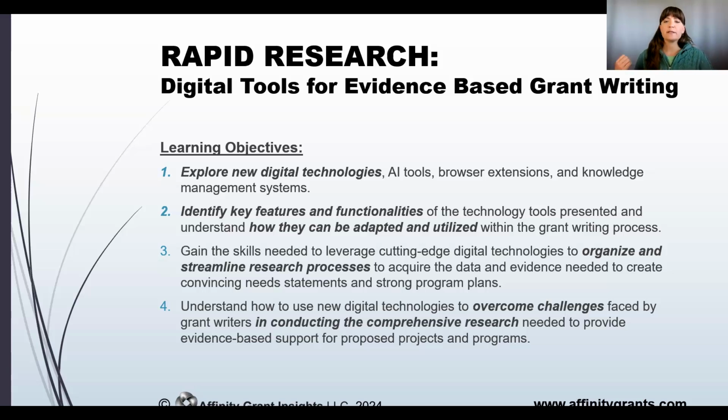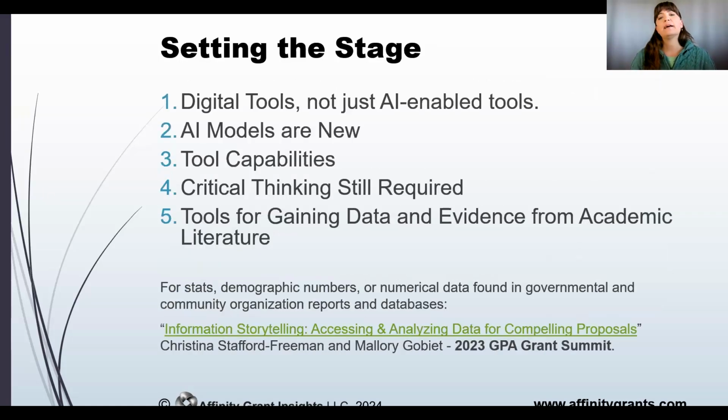Specifically, we are going to be looking at how they can organize and streamline the process and how they may help you overcome some challenges to acquiring the information you need to create convincing needs statements and strong program plans.